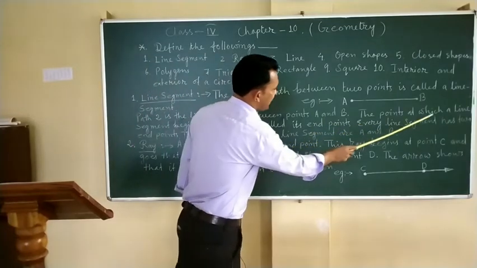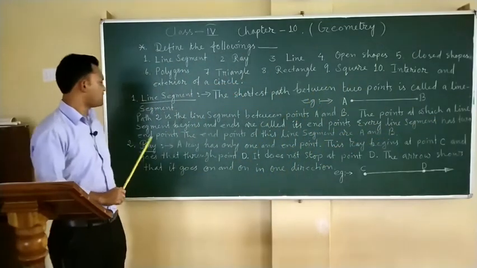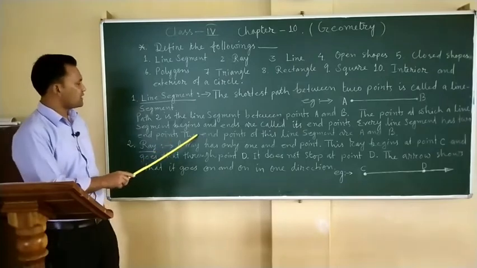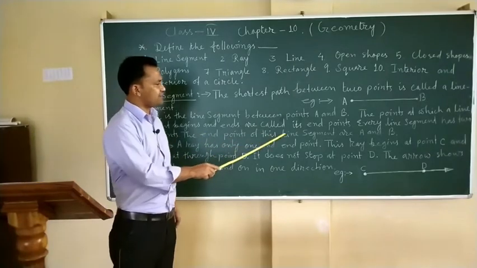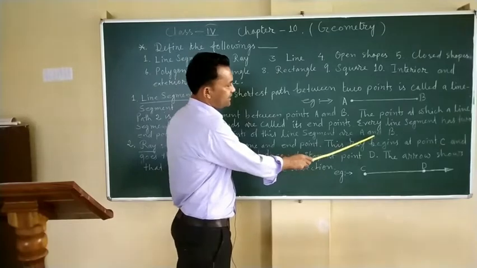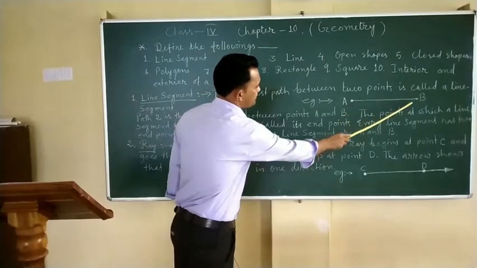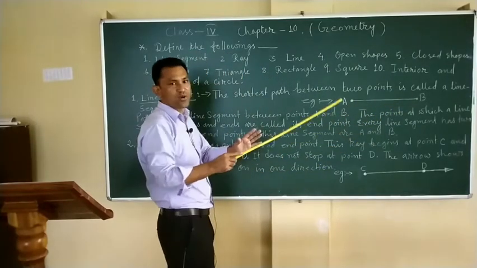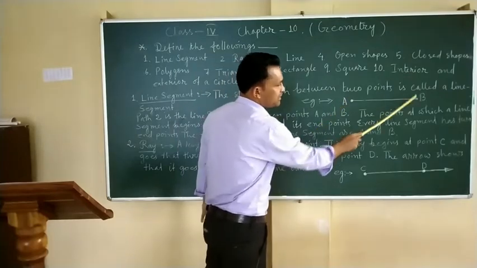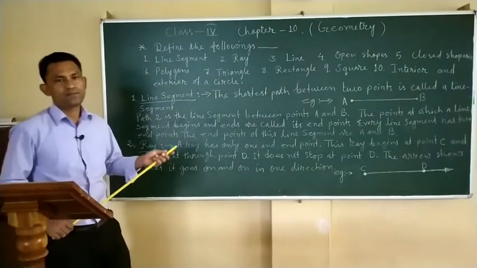Every line segment has 2 end points. The end points of this line segment are A and B. So this is called a line segment.